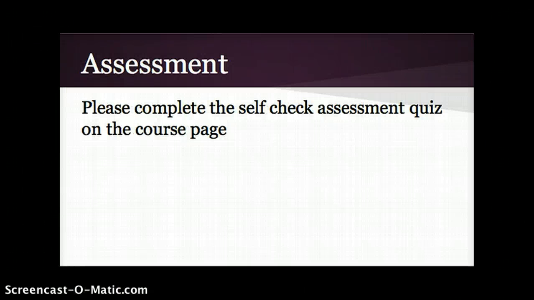Finally, I will post a self-check assessment quiz on the course page, which will be beneficial for you to complete prior to completing the final quiz on triage. Some of the websites are www.esitriage.org and also www.ahrq.gov.